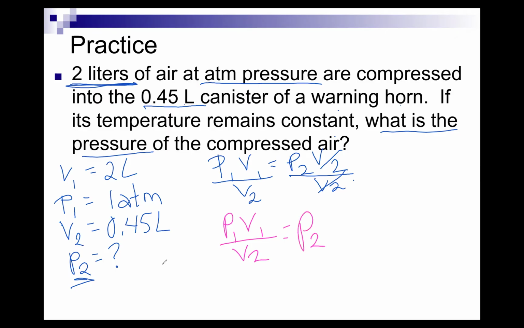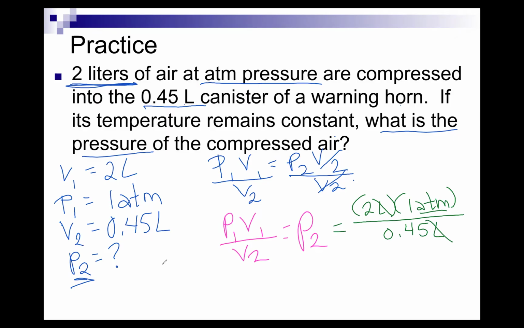Now I can plug in my work. My V1 is 2 liters. My P1 is 1 atmosphere. And my V2 is 0.45 liters. My liters will cancel out.